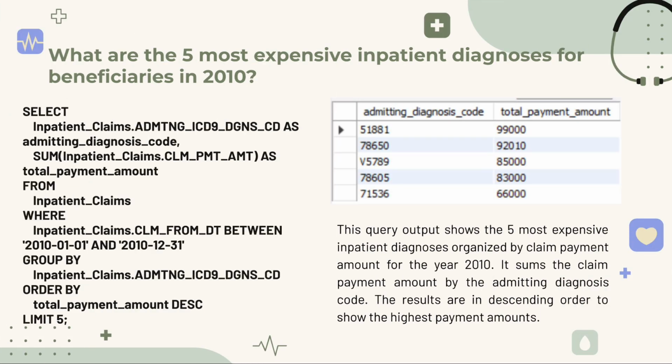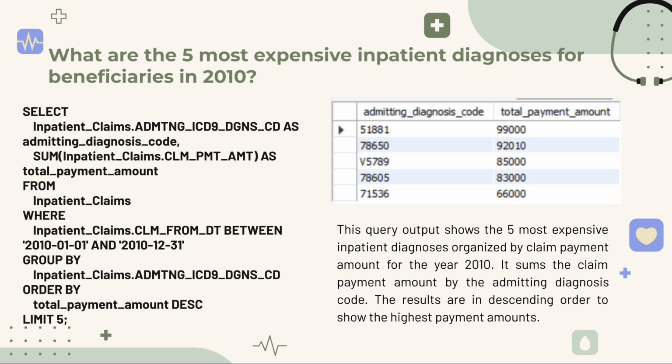This query identifies the 5 most expensive inpatient diagnoses for beneficiaries in the year 2010. The first component considered was the admitting diagnosis code, which is the primary diagnosis for the inpatient claim. And then the sum calculates the total payment amount for each diagnosis code, which gives an estimate of how much each condition cost for inpatient care.